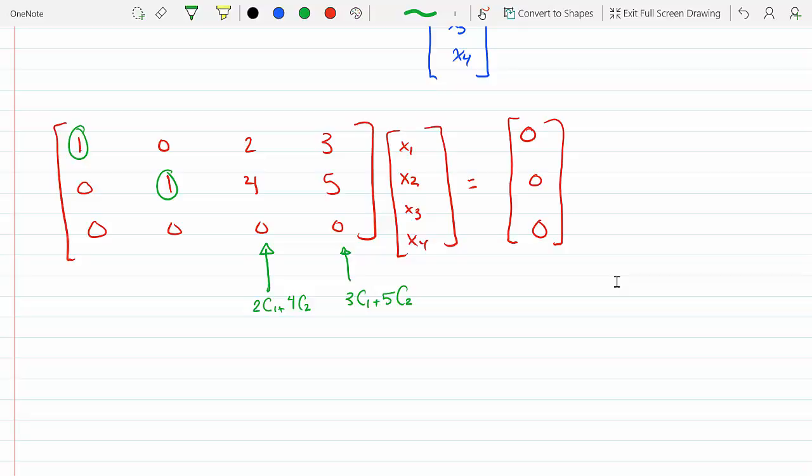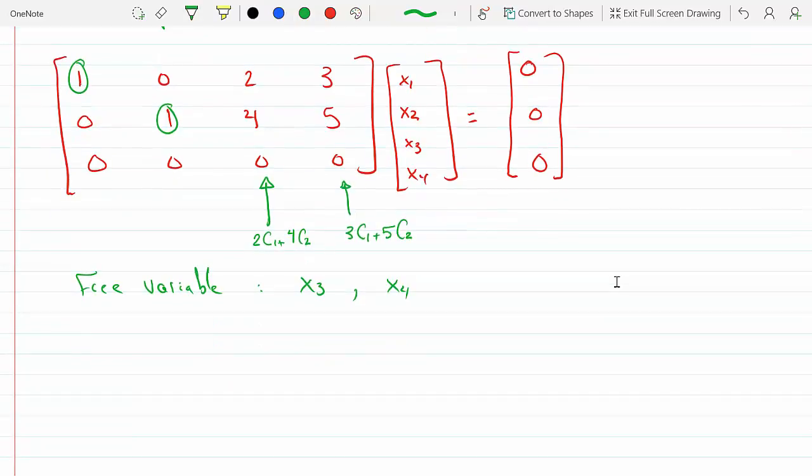Since column 3 and column 4 don't have pivots, the free variables will be x3 and x4, corresponding to the third column and the fourth column. So basically we have two pivots, so the rank r is equal to 2 for this matrix.